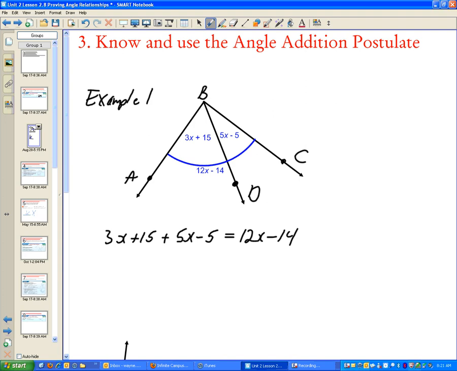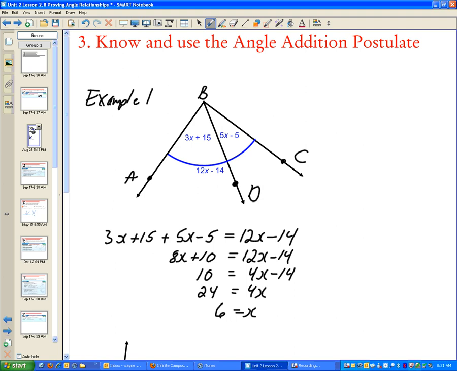All right, so we can solve this. 3x plus 5x is 8x, equals 15 minus 5. Then leave the other side alone. Let's subtract 8x from both sides. So we'll get 10 equals 4x minus 14. Let's add 14 to both sides. 24 equals 4x. Divide both sides by 4. And we found x, x equals 6.